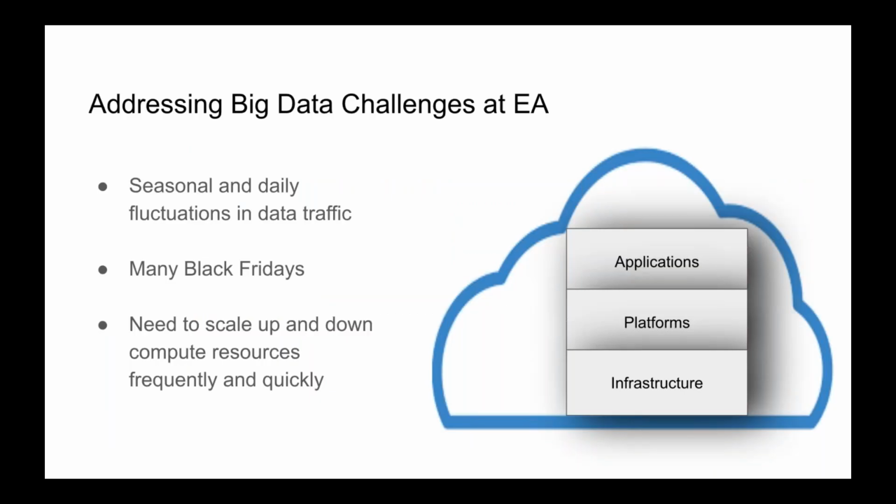At EA, every year we have several game launch seasons in which we launch a few new games, and every time we launch a new game, we observe a lot more data traffic than usual. And every day, we also observe a surge of data traffic in some of the peak hours.